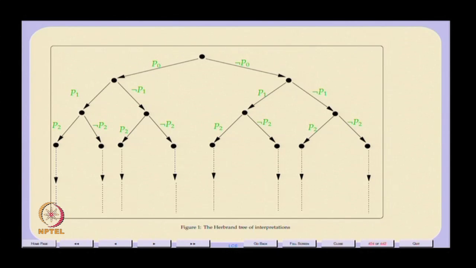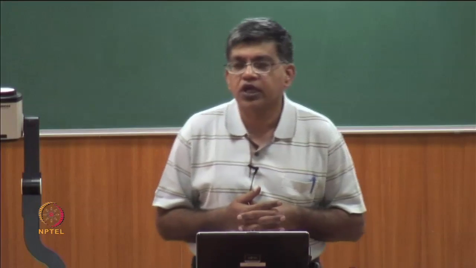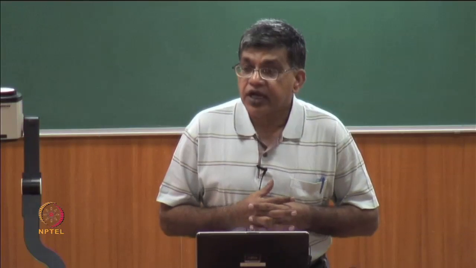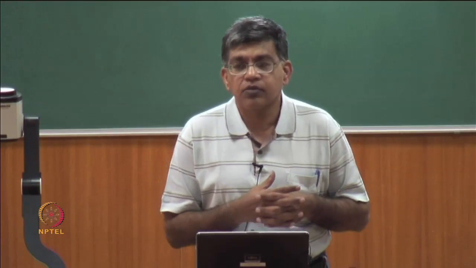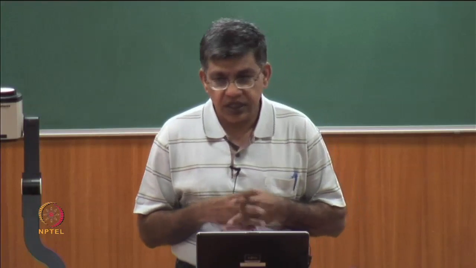So, this infinite tree, of course, you have only a countably infinite number of them. Your language of terms itself produces only a countably infinite collection of terms, and you anyway have only a finite number of atomic predicate symbols. So, the number of ground atoms that you have is only countably infinite, and it cannot be more than that.